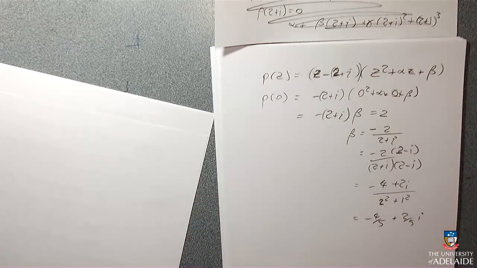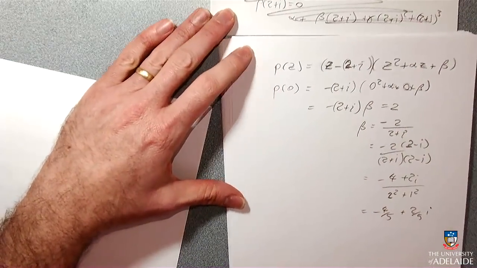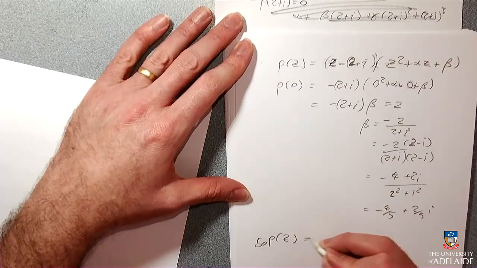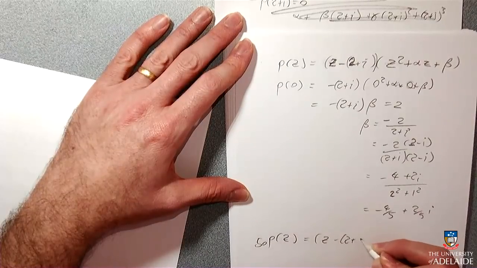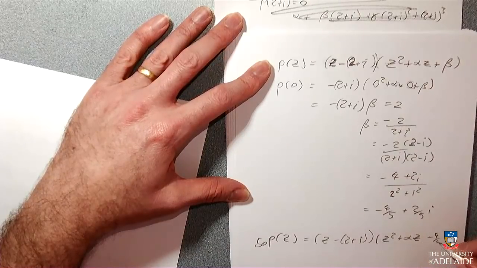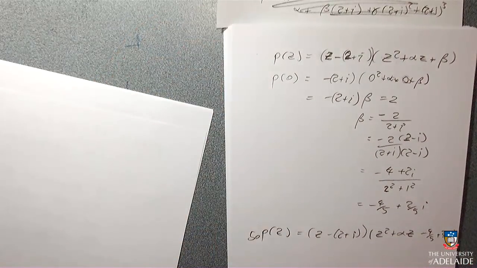Doing so well. So we have one more coefficient to go. So to sum up, P of z is currently this. Okay. And P of 1 is 3 minus 5i. Let's go.